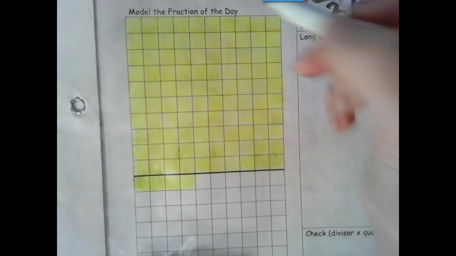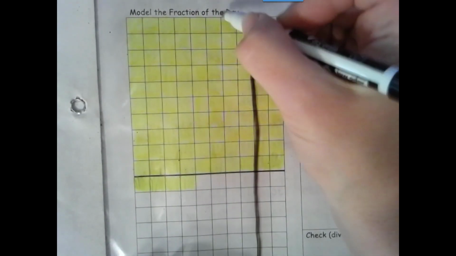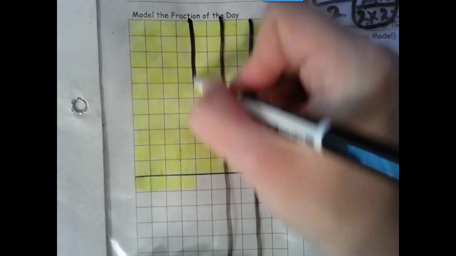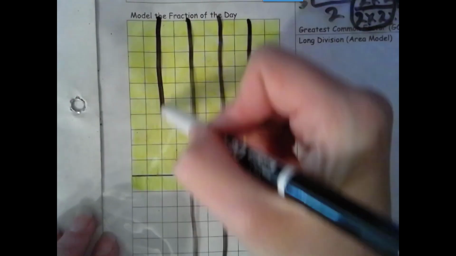Let's go ahead and make our groups of 4. I'm going to use my perfect squares to help me out here. Except right here, because it looks like we have... we don't want to cut those.